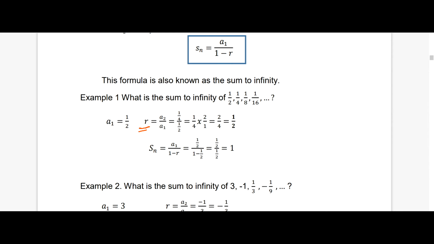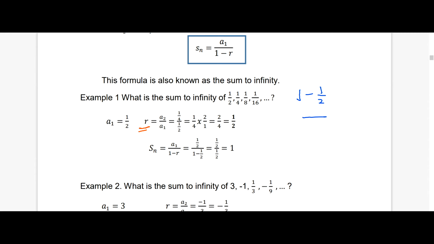So, the formula is S sub n is equal to a sub 1 over 1 minus r. So, yung a sub 1 mo is 1/2 all over 1 minus, ano yung r mo? Common ratio, which is 1/2. So, 1/2 over 1/2. Paano naging 1/2 tong ilalim? I-solve natin yung 1 minus 1/2.